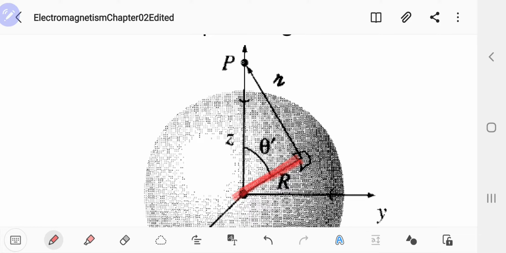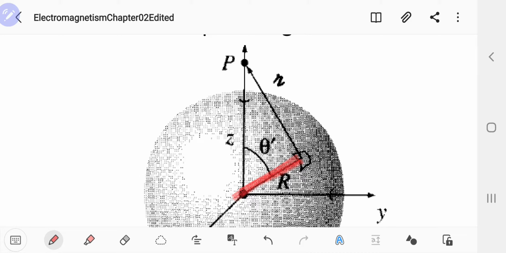Your point P can be located outside or inside. Whichever the point P is located, that would be dealt with later.